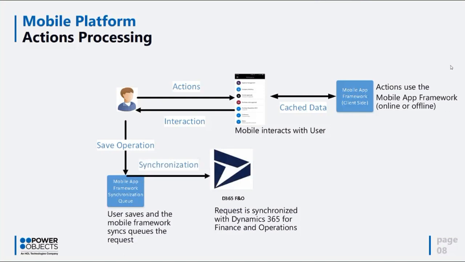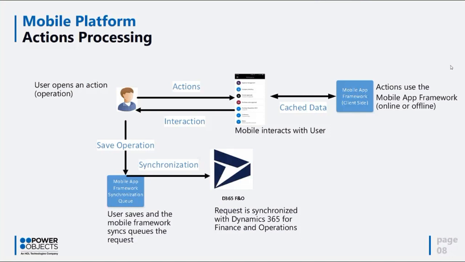So again, some of that ability, if there's intermittent connectivity, to still be able to interact with the mobile workspace. The other nice thing about it is when that request for sync goes back to finance and operations, once that's queued up, the user could go do another action, okay?